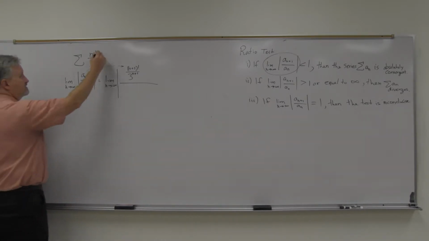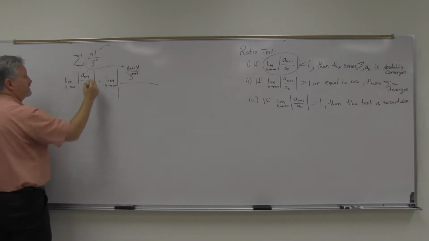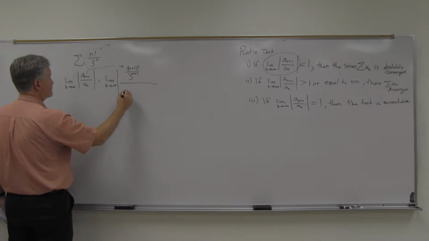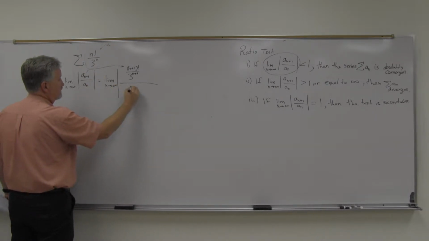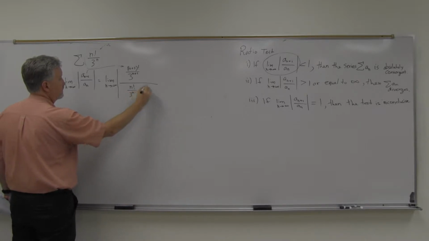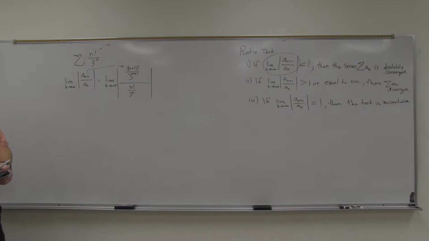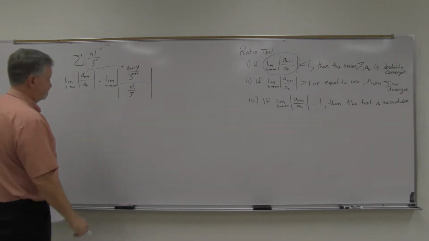And of course, this is a sub n. I should have really denoted that, but the a sub n is the defining expression there. So divided by a sub n would be divided by n factorial over 3 to the n. That's the limit that I want to do.